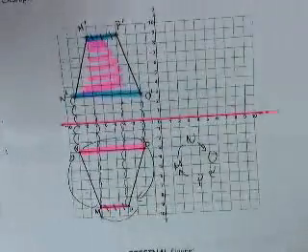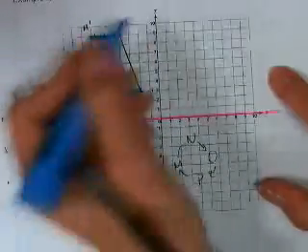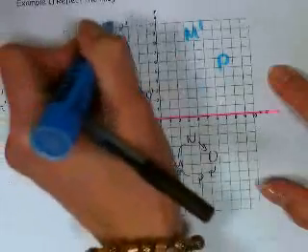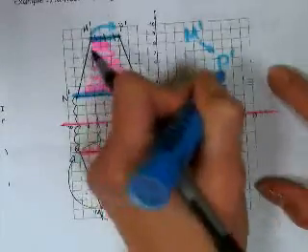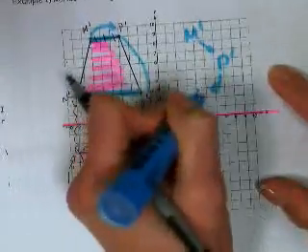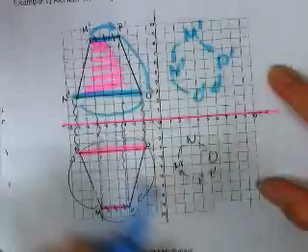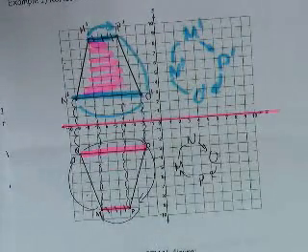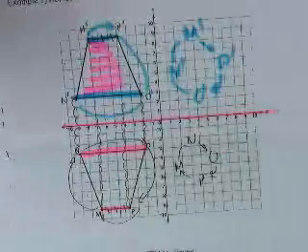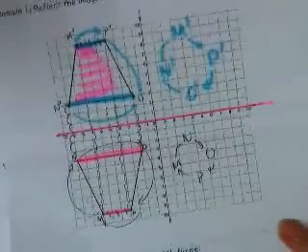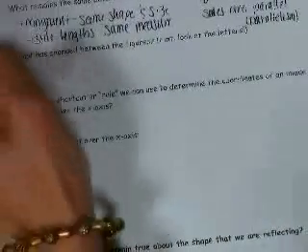Well, if I go up to my reflected image, I start at M prime, and I go to P prime, so I'm going right around in a circle. Then I'm going to come down to O prime, over to N prime. So notice here that the orientation, the order of the letters, has changed. So I'm going to come back over here and write that the orientation has changed.